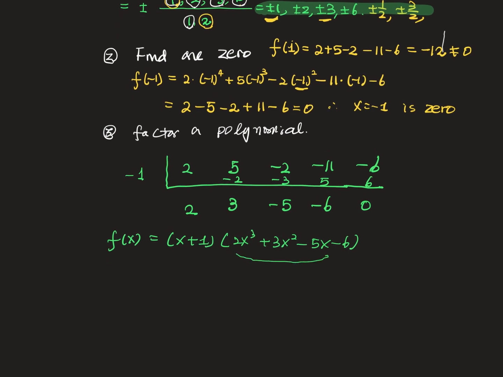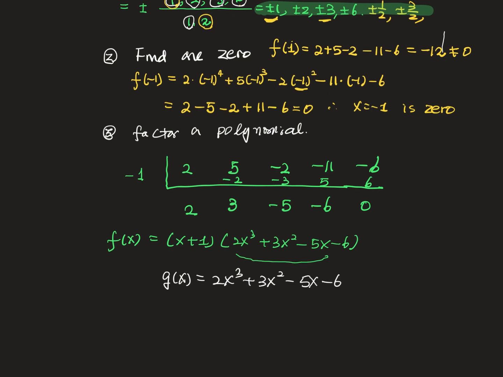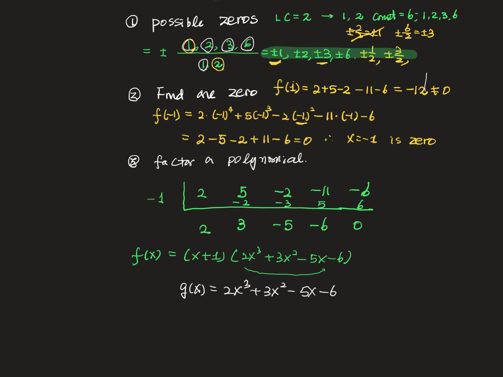What do you want to use? I'm going to call this one g of x, guys. G of x is going to be 2x cubed plus 3x squared minus 5x minus 6. So this one has possible zeros, and we're going to use exactly the same thing here. Let's do the possible zeros one more time. Don't plug in the 1, 1 is not working.